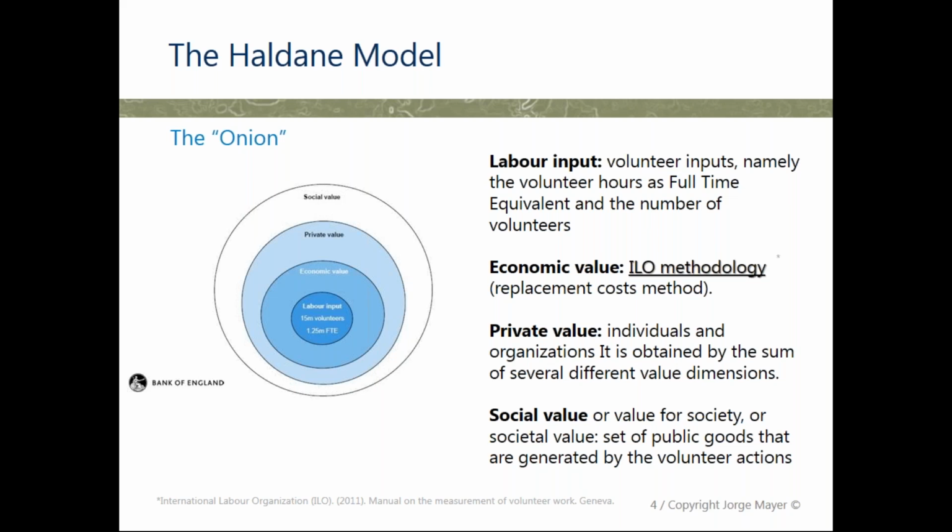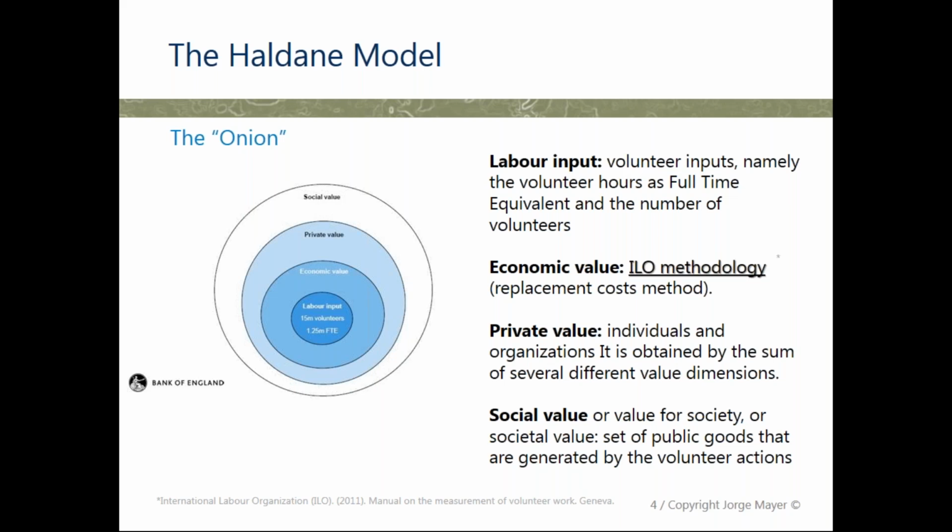And so in the center we have the labor input, which is the number of volunteers and the number of hours that we have. Outside of that, we have the economic value, which is the economic value of the volunteer services, which means it's the value that my painted wall or my arranged garden or my visit or my audit had for the recipients, for the beneficiaries.